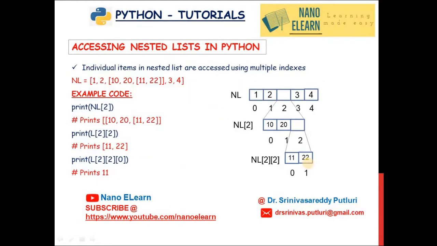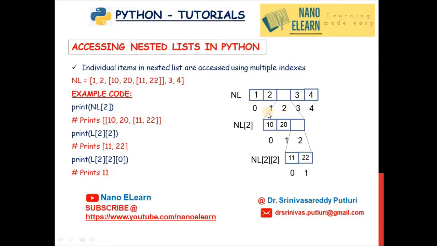Let us try to understand how to access nested lists within Python programming. The individual items need to be accessed using multiple indexes. If we consider the second example we just discussed, the nested list items start with the index 0, 1, 2, 3 and 4.